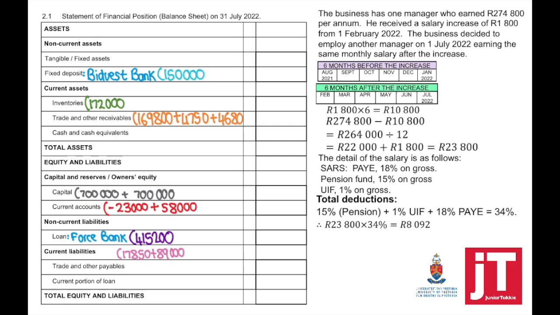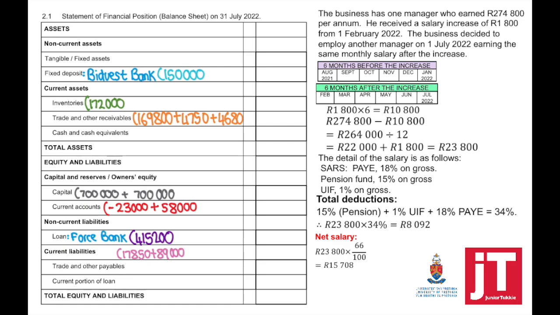That is equivalent to 34% that will be deducted from his salary. So the total deductions is 23,800 times 34% equals 8,092. This means that his net salary will be 23,800 times 66 over 100. And that is how much we owe the employee after the deductions.